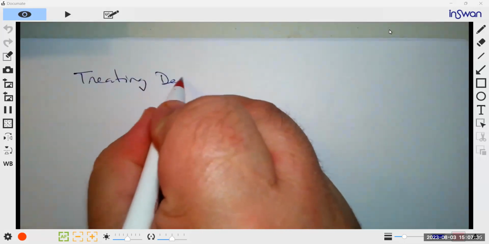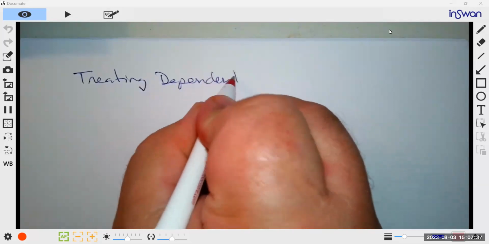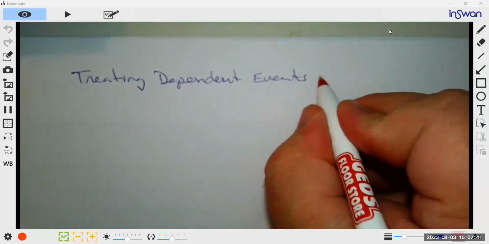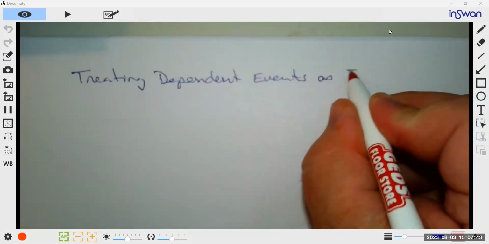Treating dependent events as independent.